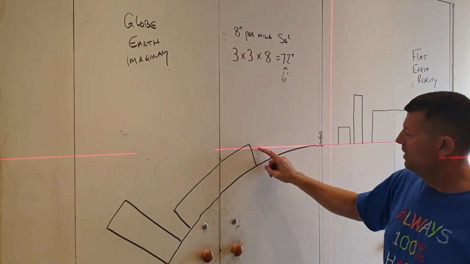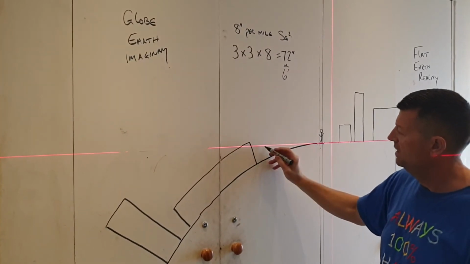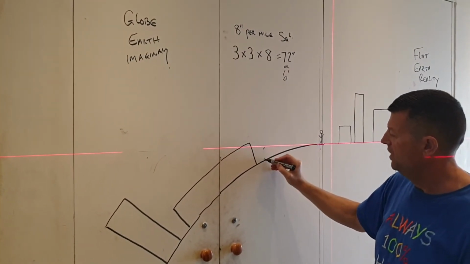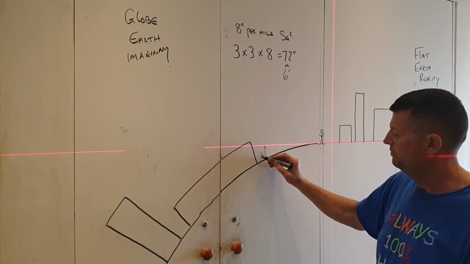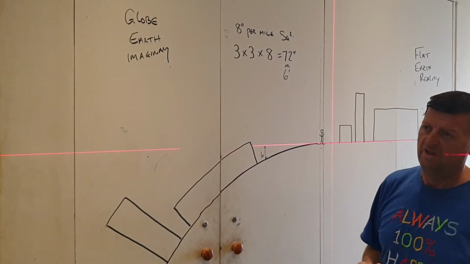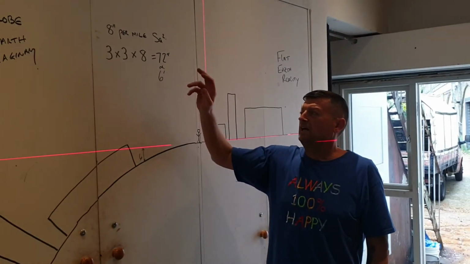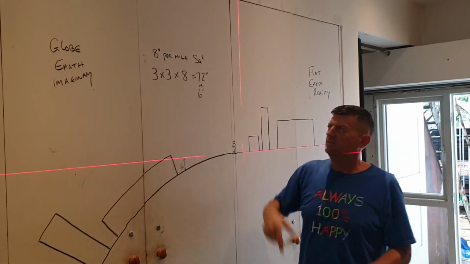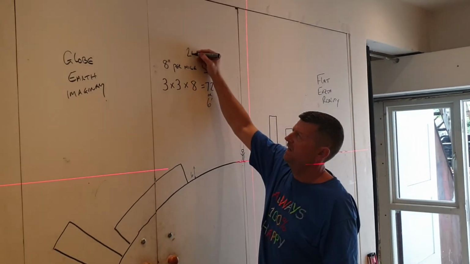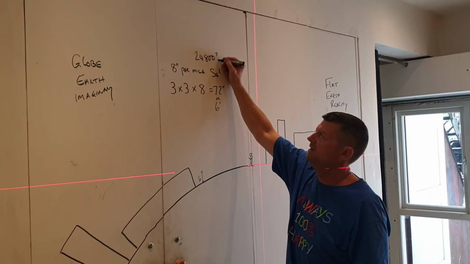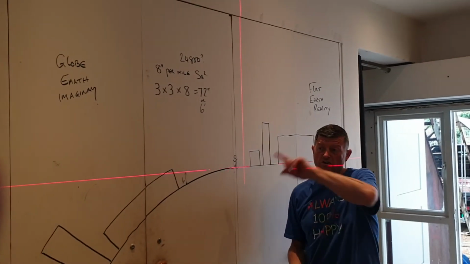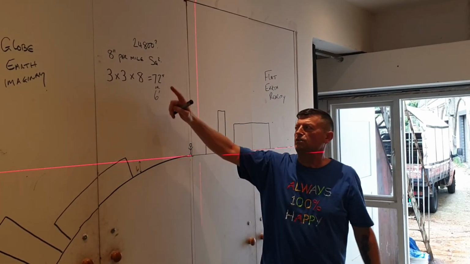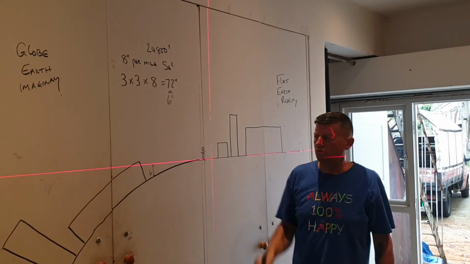So if you measure 3 mile, you should see 6 feet of curvature. That's how small they tell us the earth is. 24,000, I think it's 800 something roughly miles in circumference. That's the formula, 8 inches per mile squared.